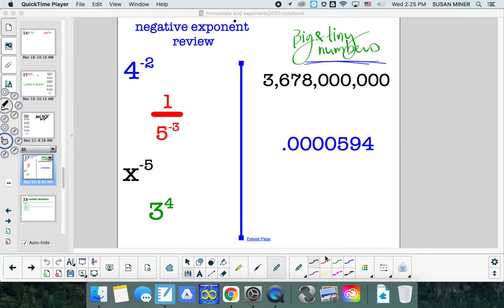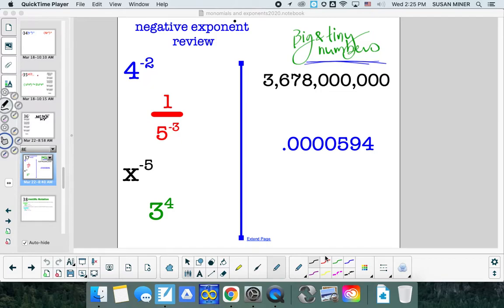Scientific notation is shorthand notation. So when you're texting and you write like LOL or ILYSM, right? I love you so much.